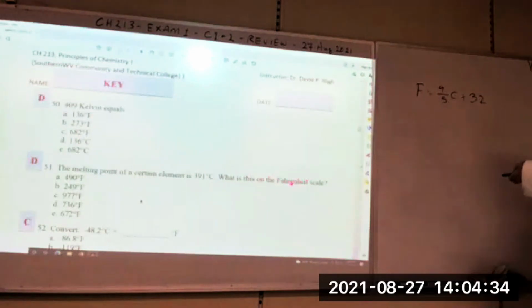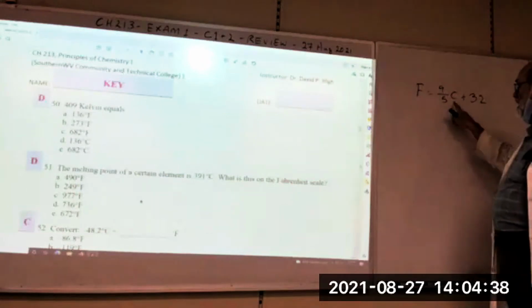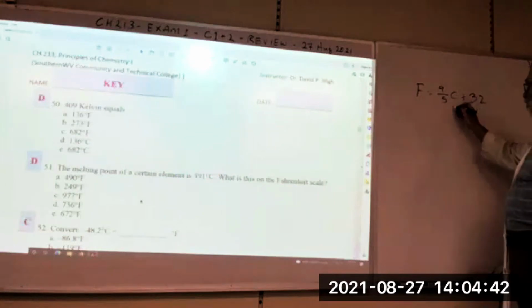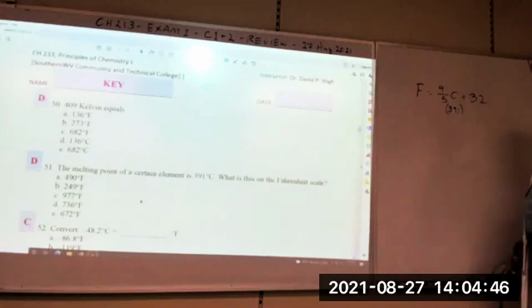That's the right formula. So you put 391 in there times 9/5, which is about half of that value. 195, not quite half. 190 plus 32.